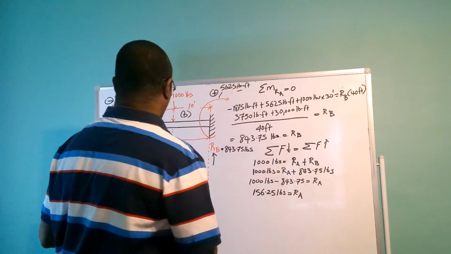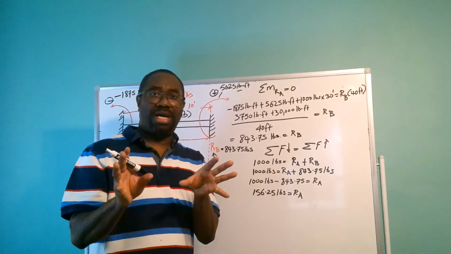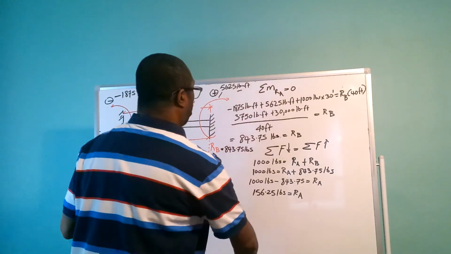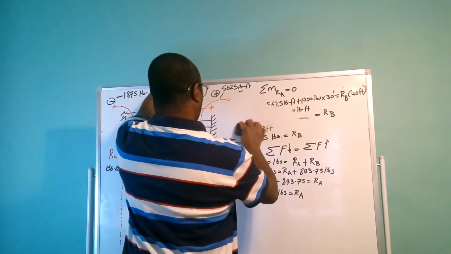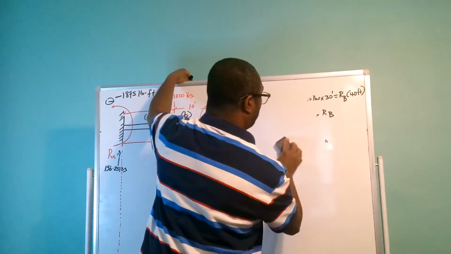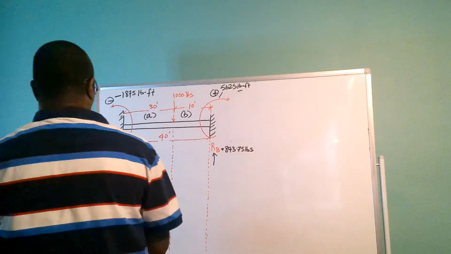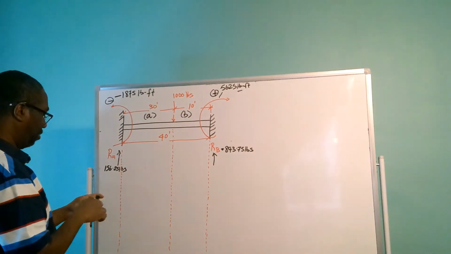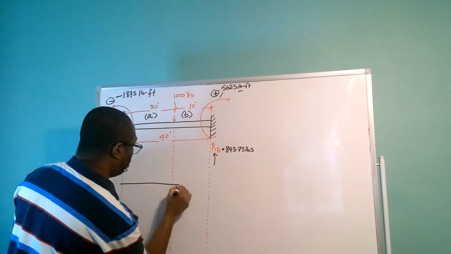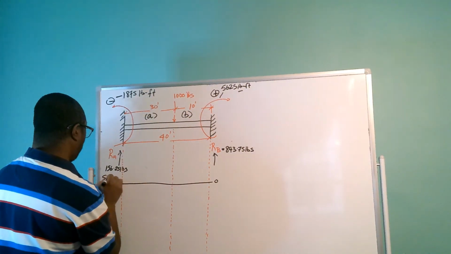So now I can plot my shear force diagram and my bending moments diagram. To do that, our shear force diagram is going to look something like this, and this is our zero line, our zero line shear force.